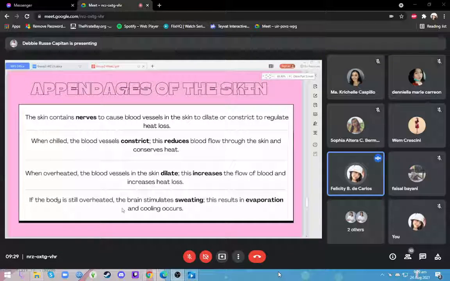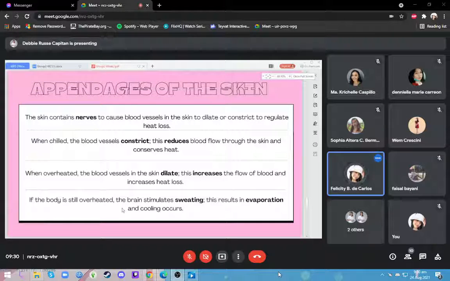So the skin contains nerves to cause blood vessels in the skin to dilate or constrict to regulate heat loss. Number 2, when chilled, the blood vessels blank. Our answer is constrict. This reduces blood flow through the skin and conserves heat.